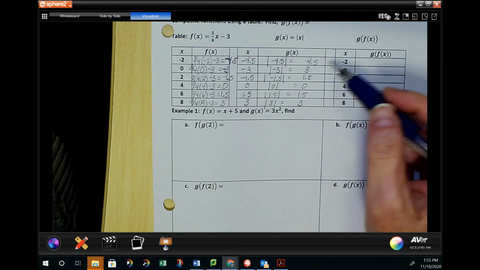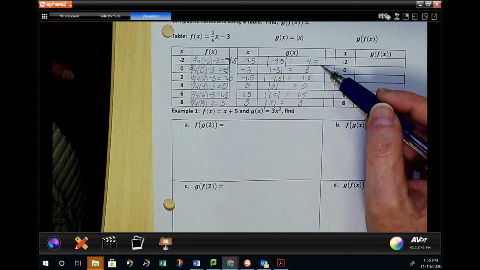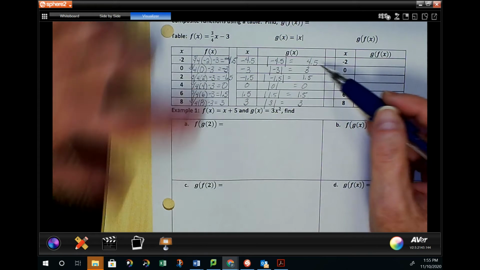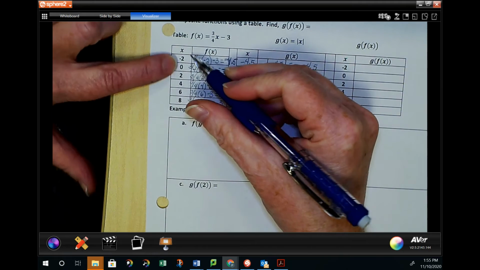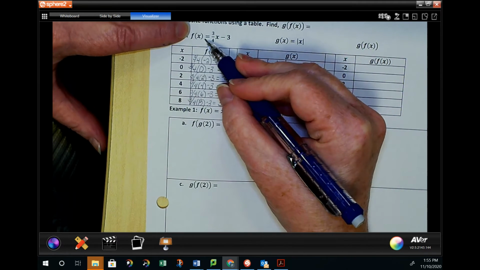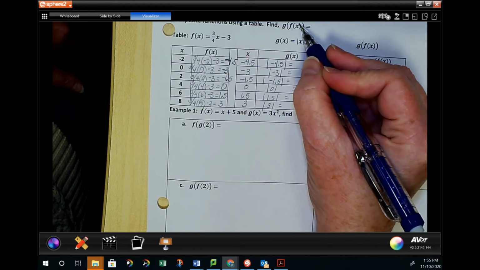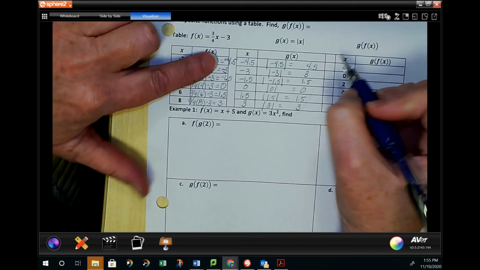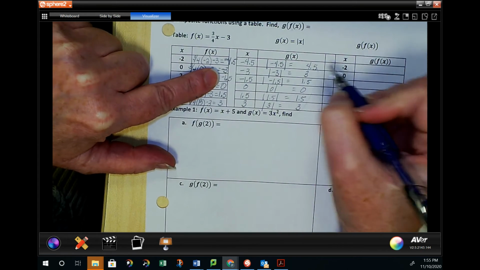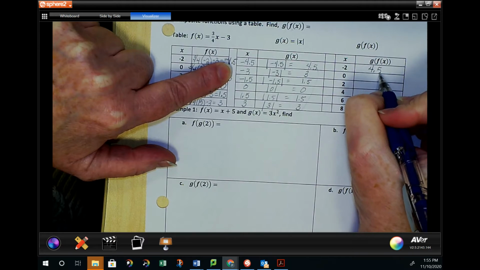So these are all of your little numbers. And then the answers here are just going to be your answers. So when I plug -2 in for f, and then I plug that into function g, we start with the inside, you plug it in for f, and then you go back to function g. So when this is -2, my answer was 4.5.